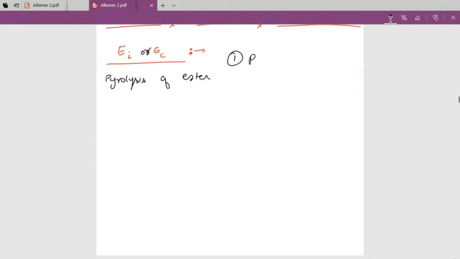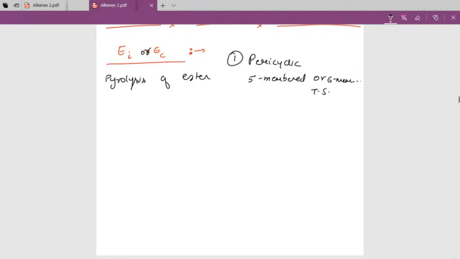It is always going to be pericyclic. That is, it will proceed through cyclic transition states. Pericyclic means reactions which proceed through cyclic transition states. It could be a 5-membered or a 6-membered transition state, but it has to proceed through a transition state.